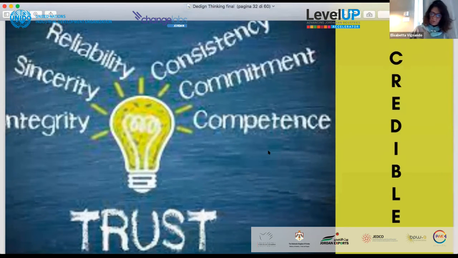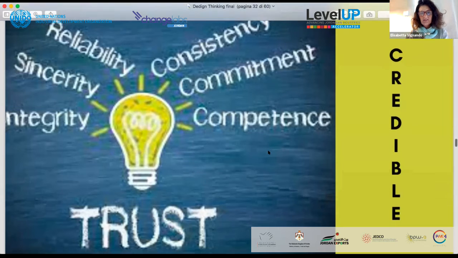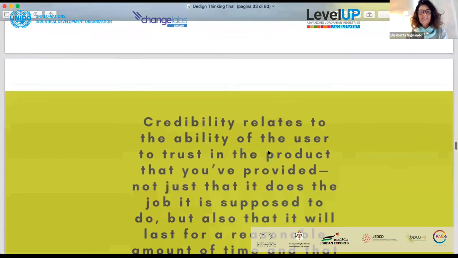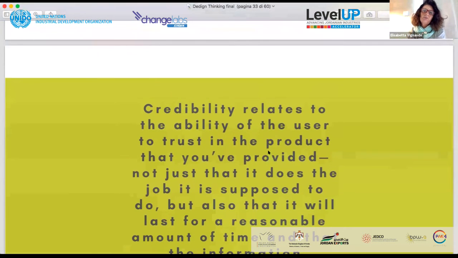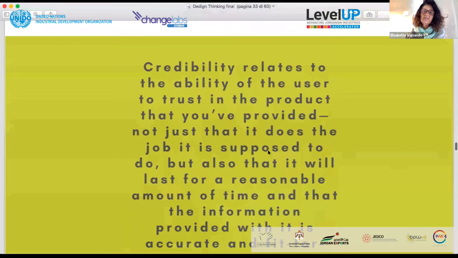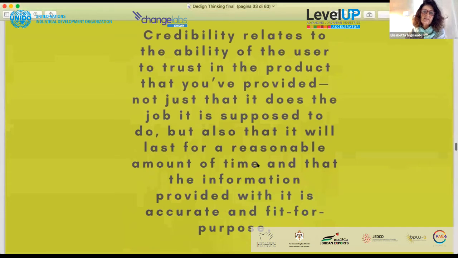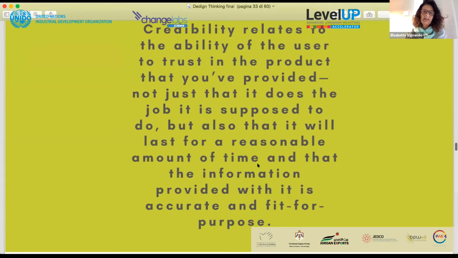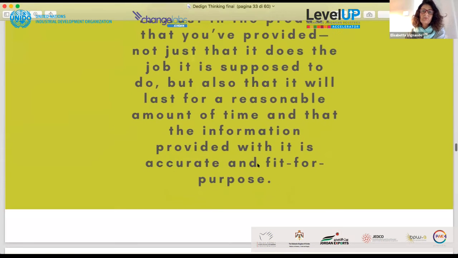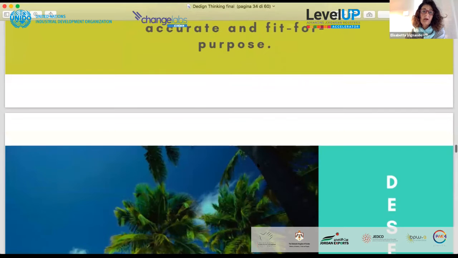We must create a solution that is credible for our end user. And this is related to the ability of the user to trust the product that you have provided, not just what it does, the job it is supposed to do, but also that it will last for a reasonable amount of time, and that the information provided is accurate and fit for purpose.